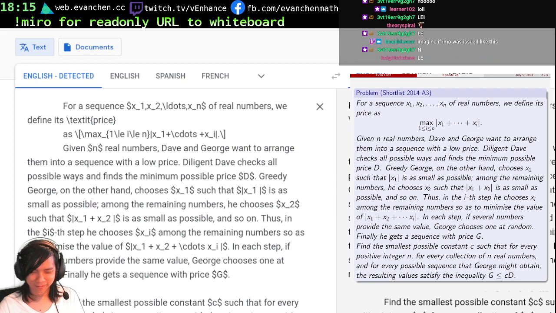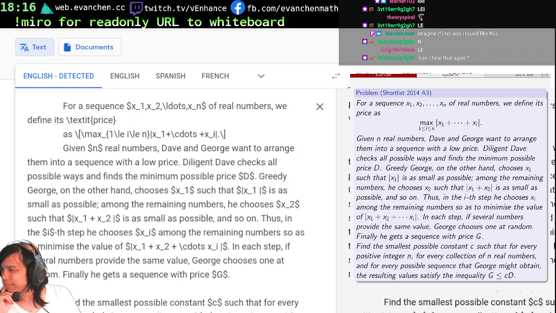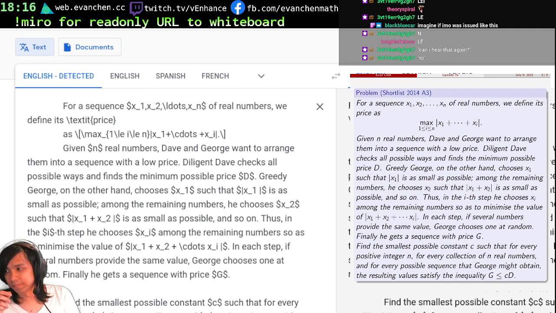Diligent Dave checks all possible ways and finds the minimum possible price $D$. Greedy George, on the other hand, chooses $x_1$ such that $|x_1|$ is as small as possible. Among the remaining numbers, he chooses $x_2$ such that $|x_1 + x_2|$ is as small as possible, and so on.